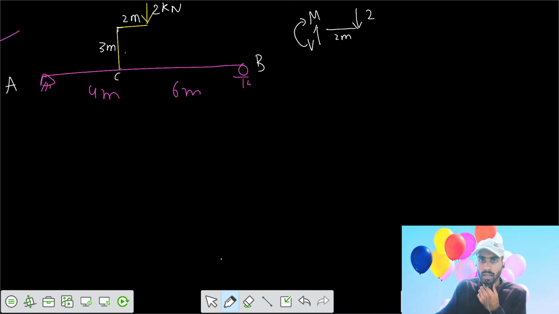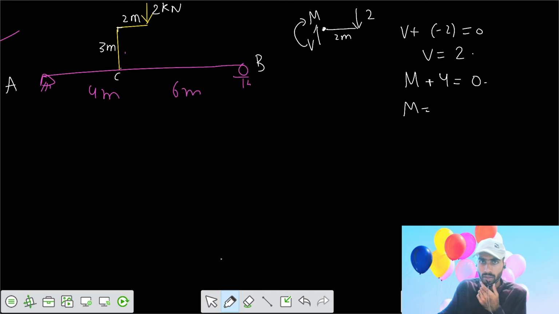We say that V minus 2 equals 0. That means the shear force is 2. If we got the value of 2, for the moment, we can say the moment at this point: clockwise moment of M and clockwise moment of 2 into 2, that's 4, equals 0.